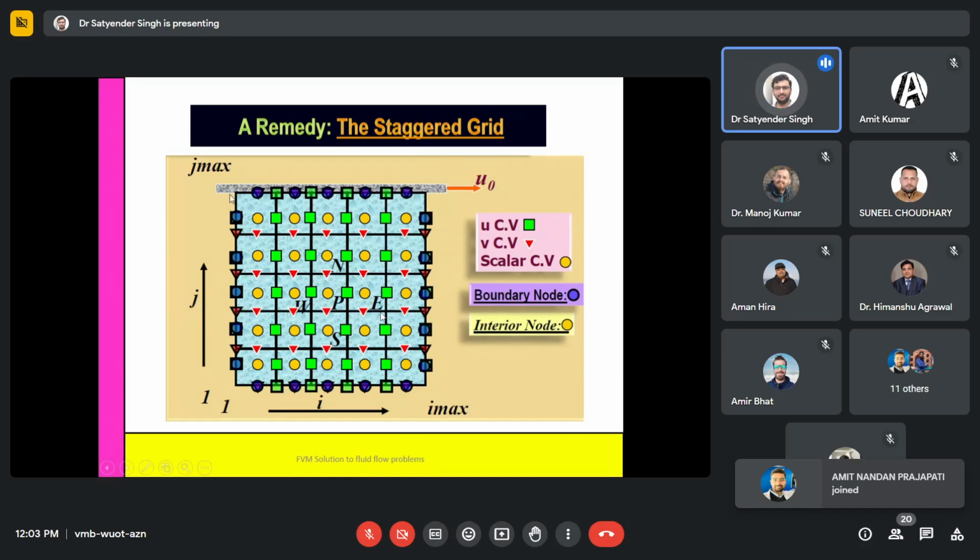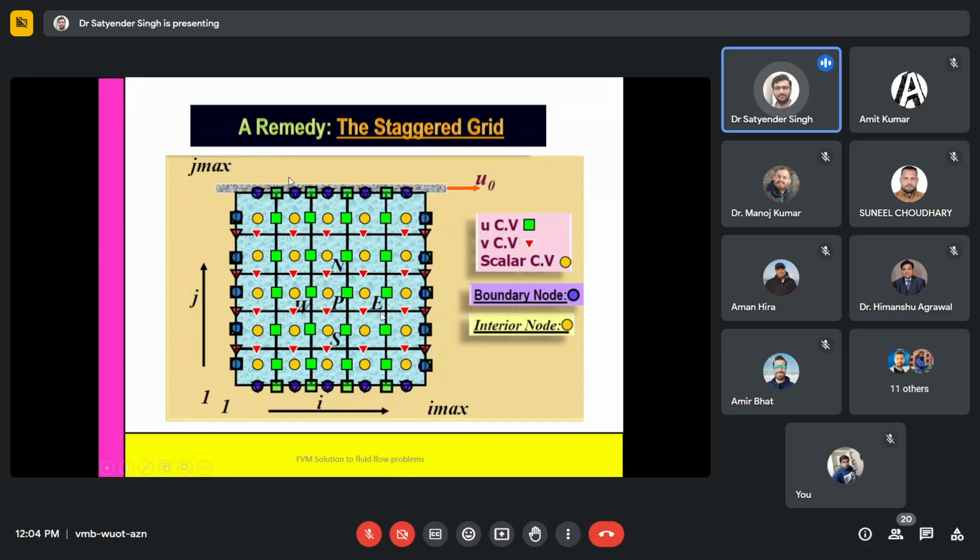There we generally consider a lid capping an enclosure, a water enclosure or any fluid enclosure, and it is moving with a particular velocity in the x direction, let's say. Because of that, some changes will occur inside the fluid domain, and various boundary conditions will be assigned to the remaining three walls, where we will assign a particular velocity at all these boundary nodes, and there will be no slip, no slip, no slip.